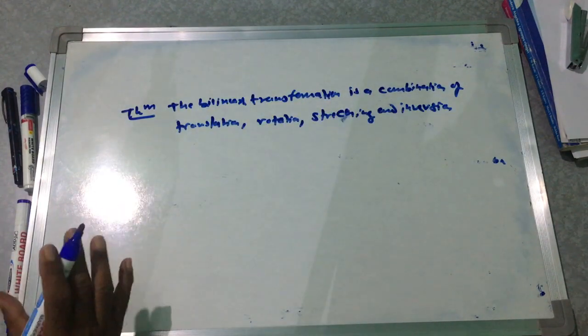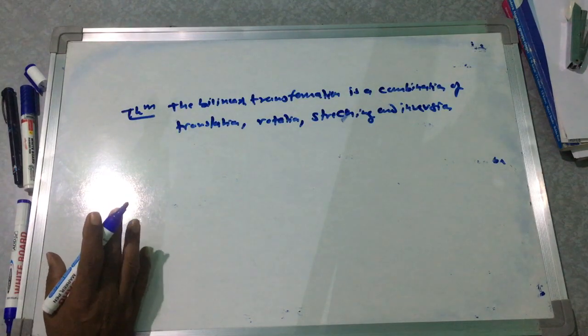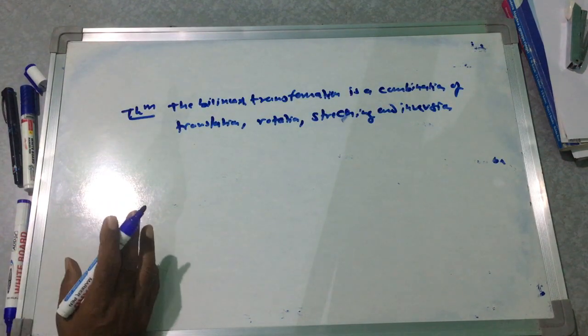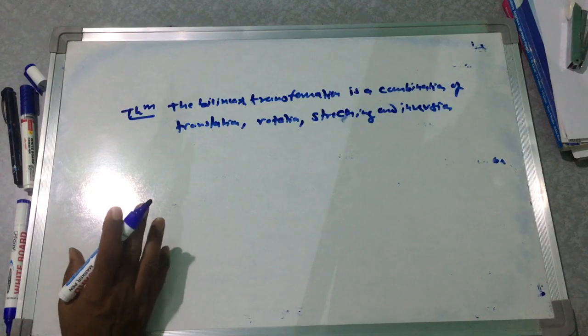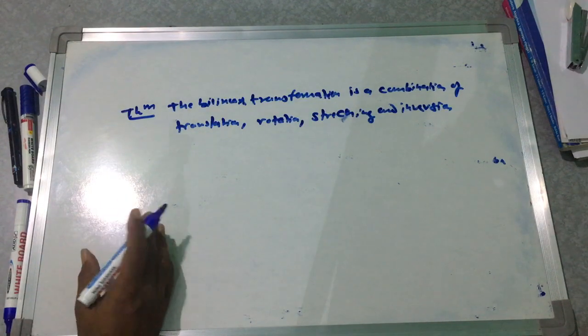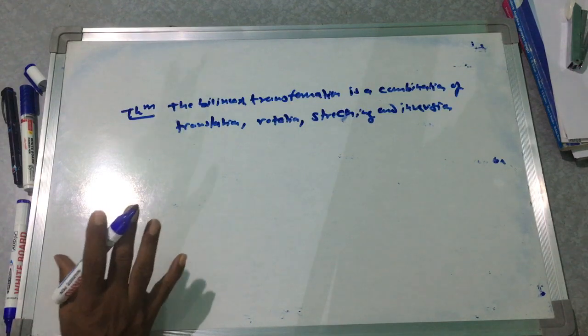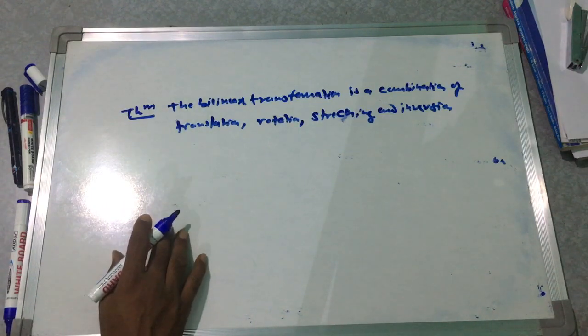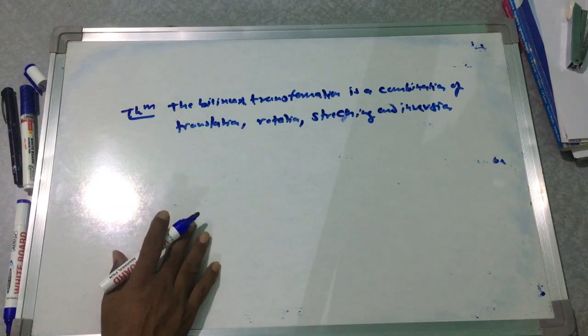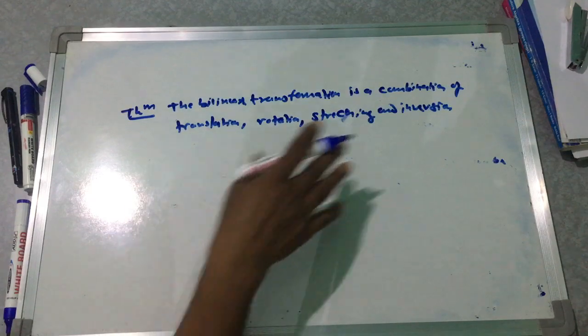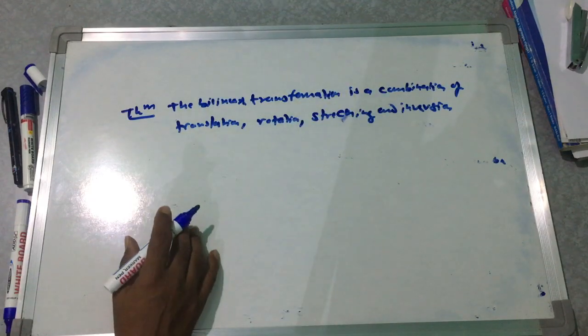So this is the combined part: translation, rotation, stretching and inversion. It becomes a bilinear transformation. A bilinear transformation is a combination of translation, rotation, stretching and inversion.